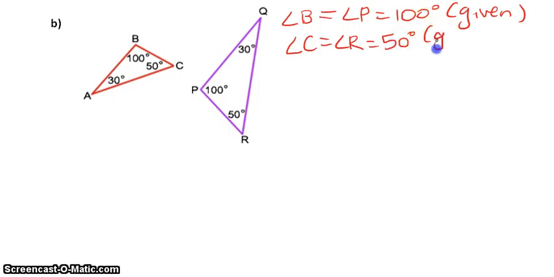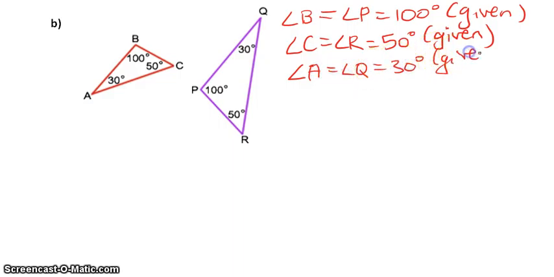Now you'll notice that this triangle has had its orientation changed, hasn't it? It's been flipped. So this A here is really where the Q is, so make sure you're careful of that. And I can say that angle A is equal to angle Q, which equals 30 degrees, and that's given.